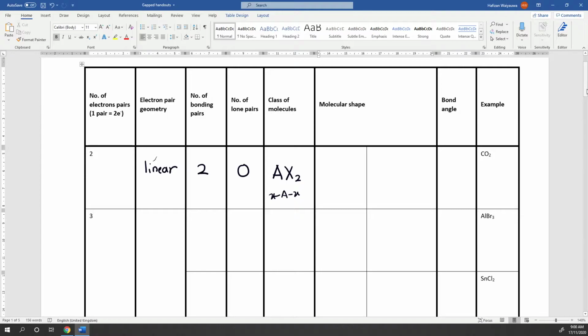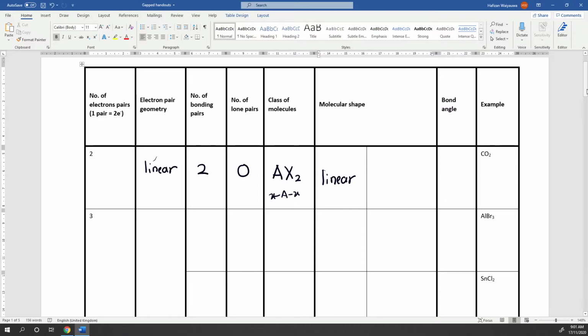Okay. So, kalau tak ada lone pairs, apa saja molekul yang tak ada lone pairs, the molecular shape punya name will be sama as dia punya electron pair geometry punya name. So kalau dia tak ada lone pair and dia start adalah linear, it still will be linear.